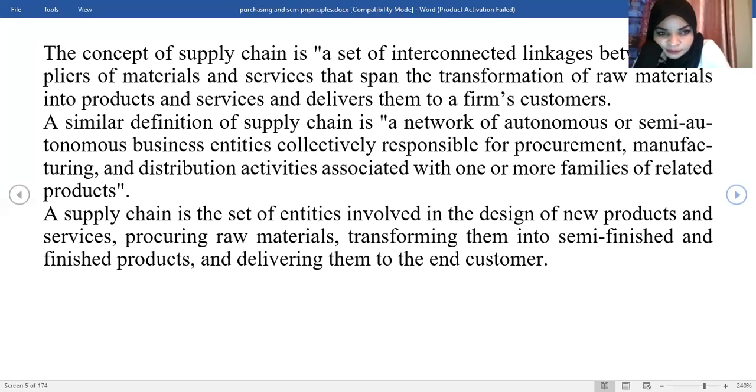The first one is designing new products and ensuring that these products are transformed. And at the end of the day, we have finished or semi-finished products, and these products must be delivered to the end customer. So there's that network that flows when we talk about supply chain management. So those key components must always be present when you're talking about supply chain management.